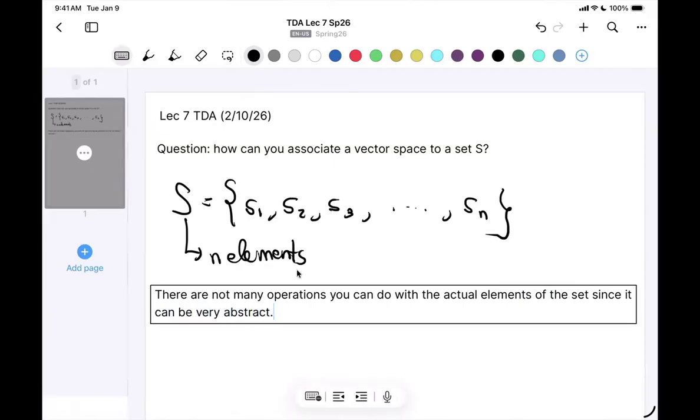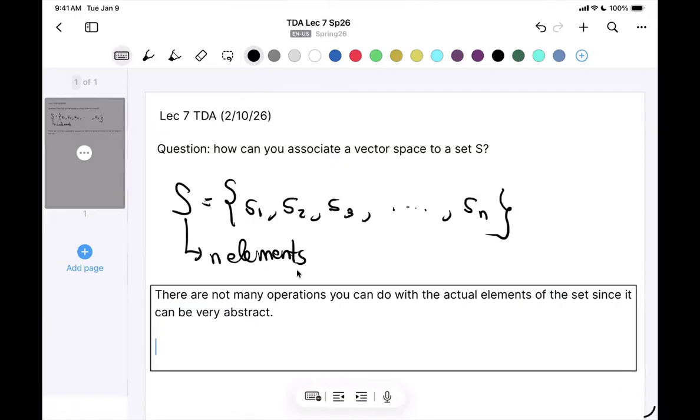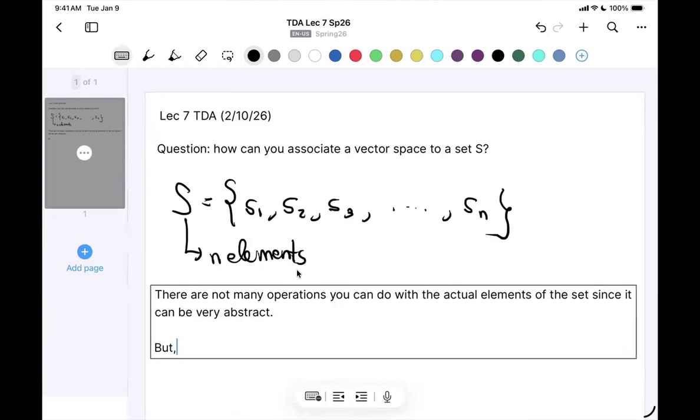But there's something you can always do, which is to consider functions defined on this set which take real values.